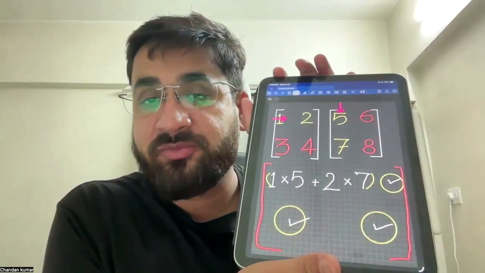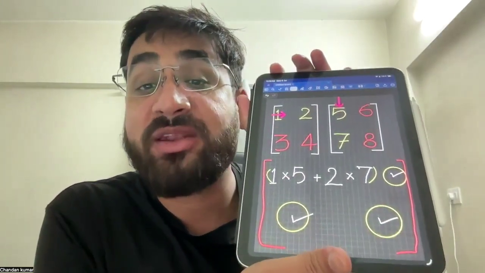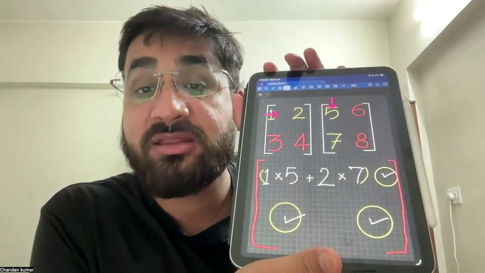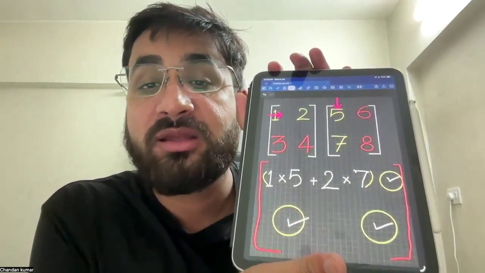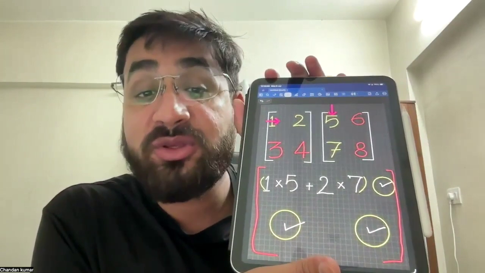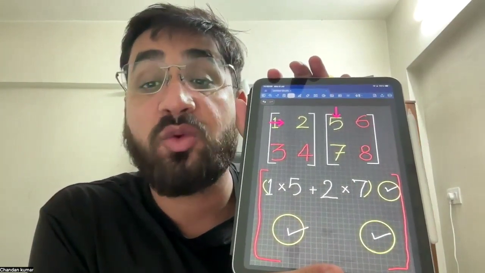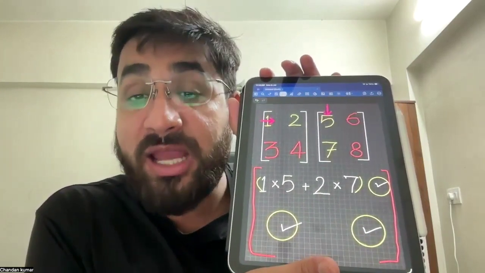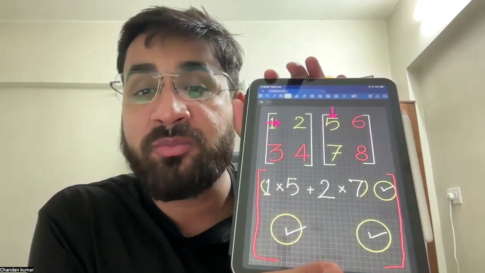Now let's look at this picture. You have two matrices. On the left, you can see the yellow part where the arrow is showing; this is called the row. And in the second matrix, where the downward arrow is showing, it is called the column.